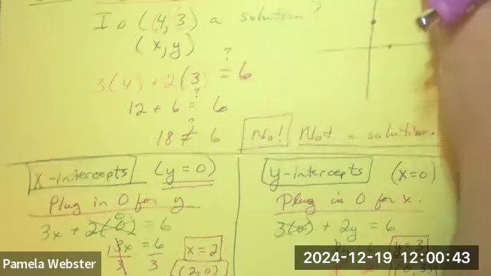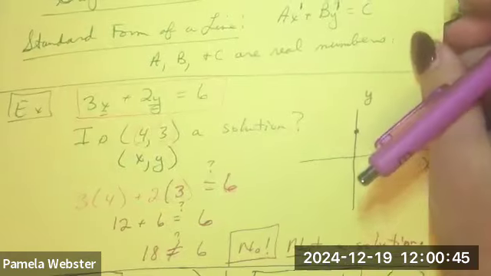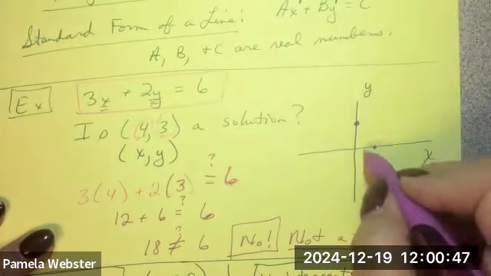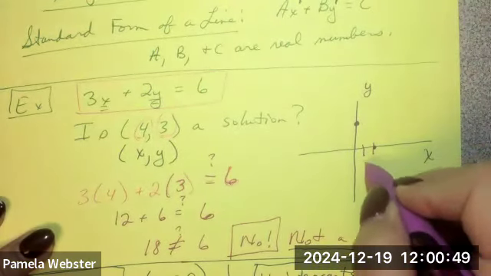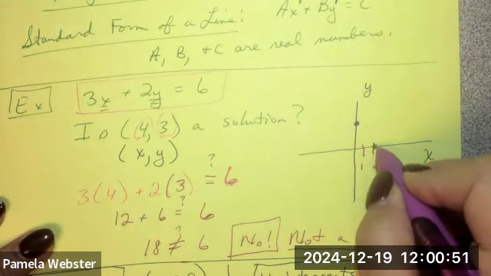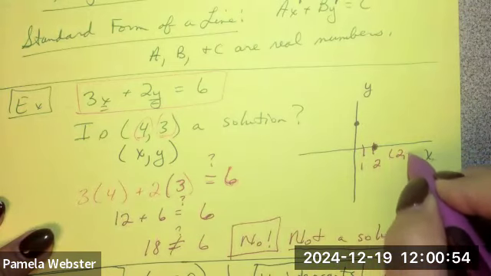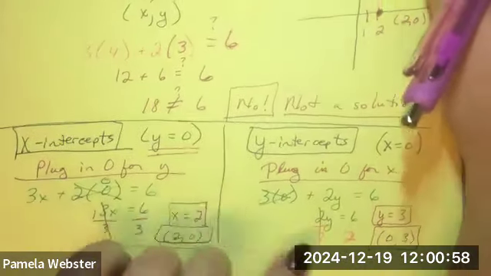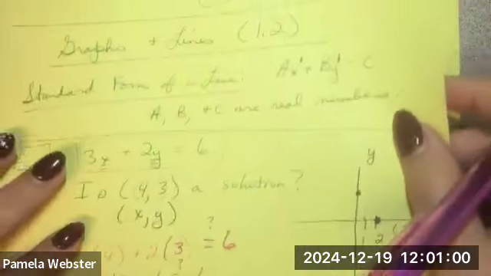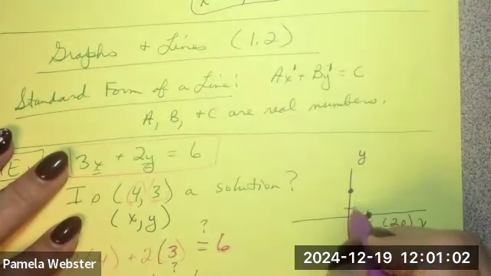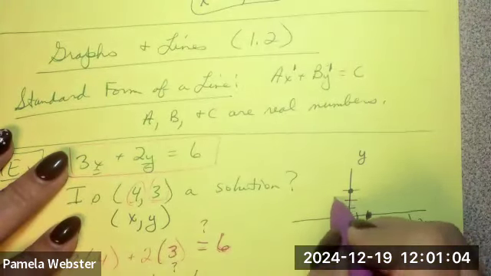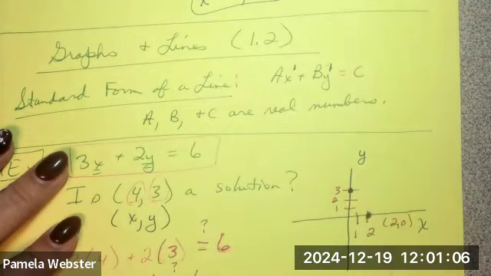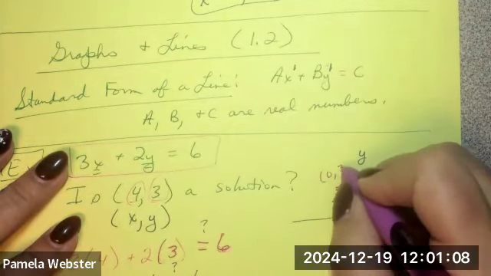Okay, so up here on my graph, just so we can see what's going on, I have the point 2, 0, right? That was my x-intercept down here. And I have the point 0, 3. And that was my y-intercept up there.